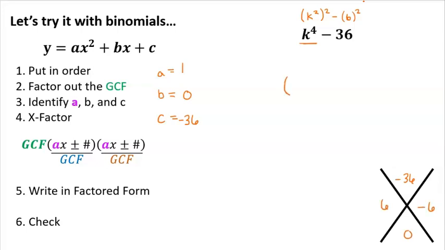But when we go to write this out, because we have this k to the 4th, we're going to think, hey, we need this to be k squared instead of just k, plus 6, and then k squared minus 6. And when I go back and think about how I'm writing this, this needs to be what I had in the front.